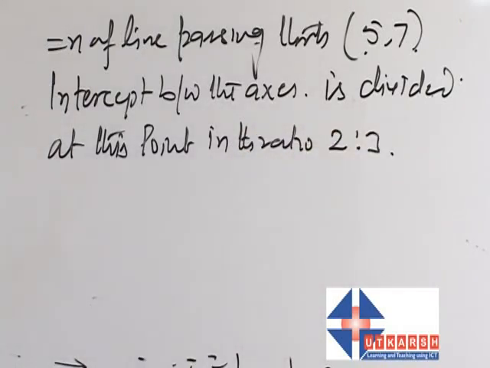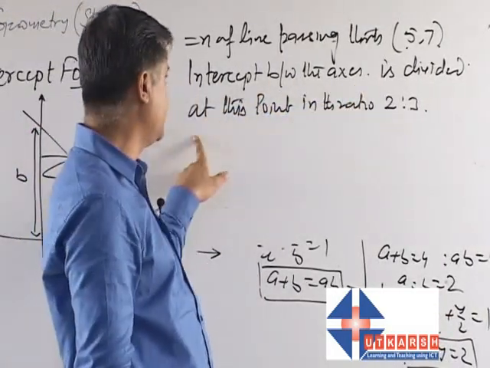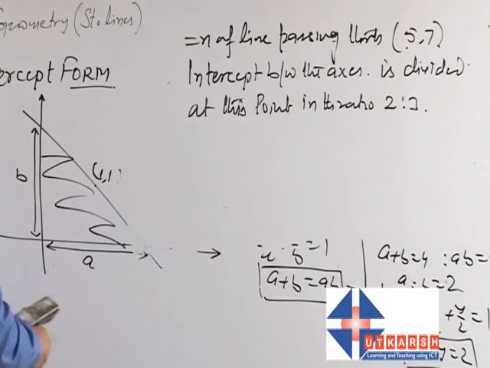Find the equation of line passing through the point (5, 7) and the intercept between the axis is divided at this point in the ratio 2:3.